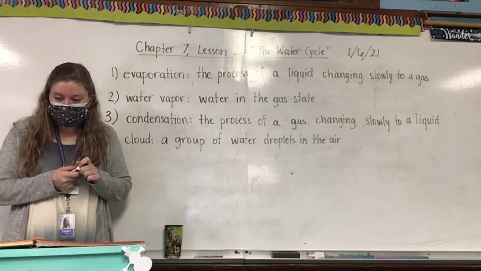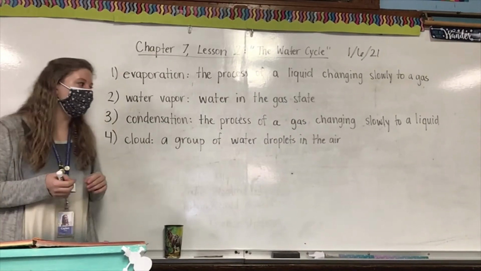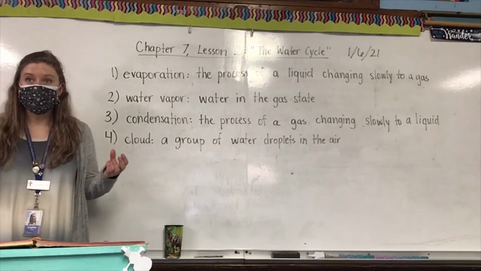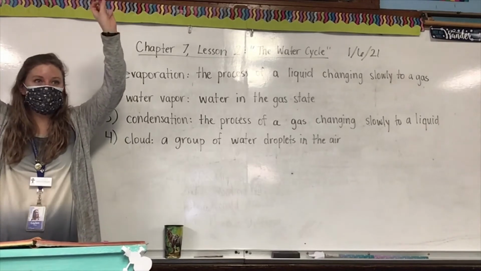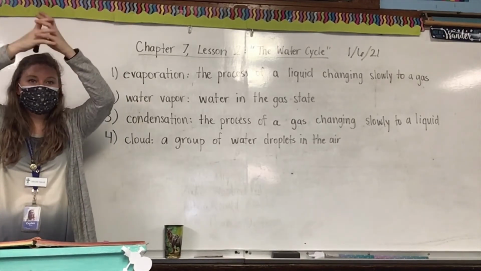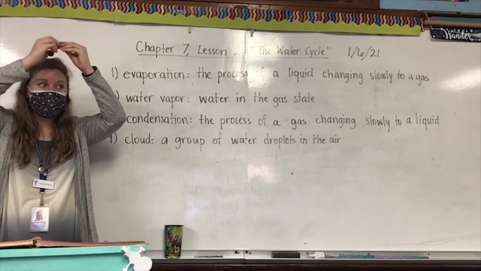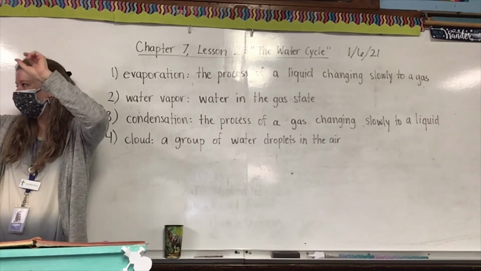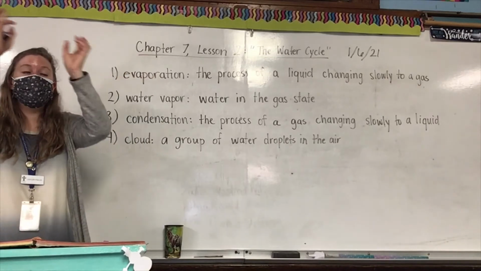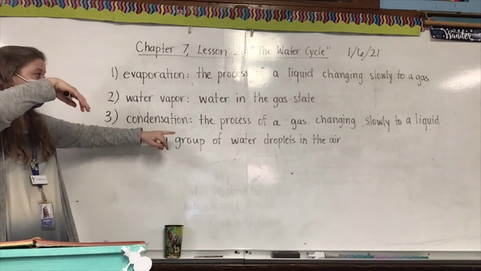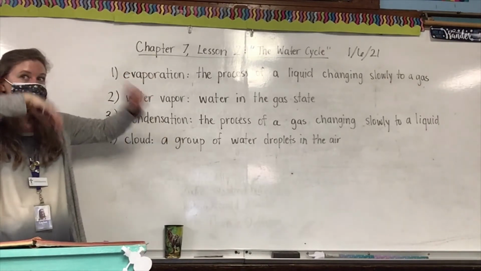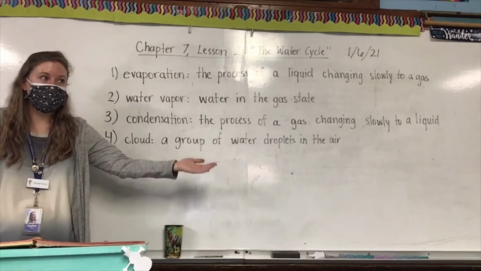So a cloud is formed when the water vapor condenses onto tiny dust particles. They all come together. Remember, it's condensed, so it's not a gas anymore. It's now liquid water, but it's still teeny tiny. But they all come together, and those little water droplets and the dust create a cloud.